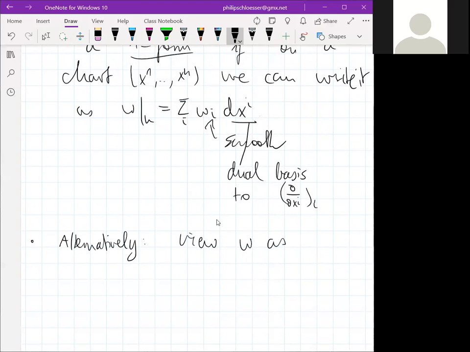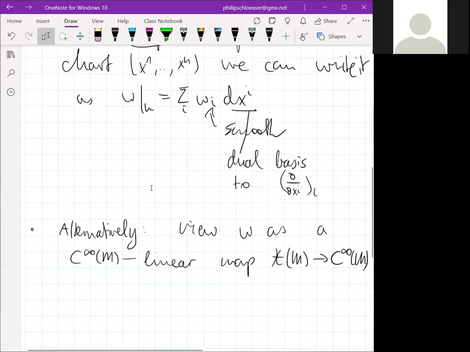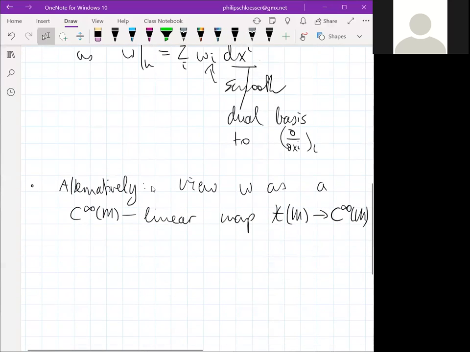We can view such a form as a C infinity M linear map from the vector fields to C infinity M, just by defining that action at the point P to equal omega P of X P.